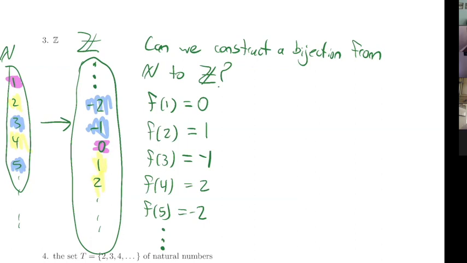So let's try and define this function. I'll call it h of n. We can actually write a formula for this function. We'll just define it whether it's even or whether it's odd.